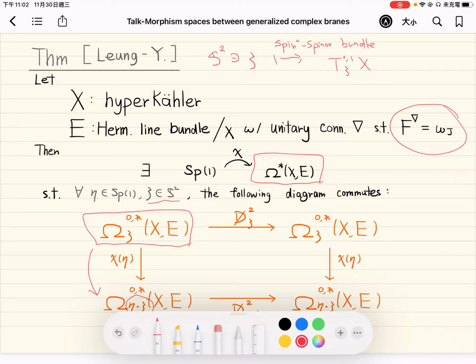Of course, we can also twist it by this Hermitian line bundle. So we also have the unitary connection on E, so that we can form the spin-C Dirac operator.